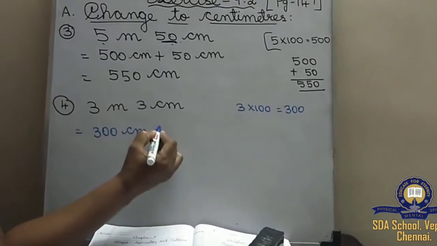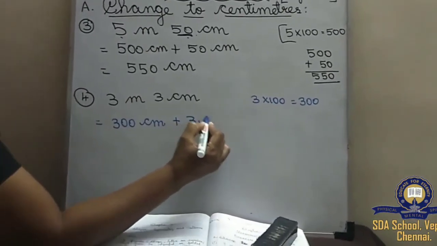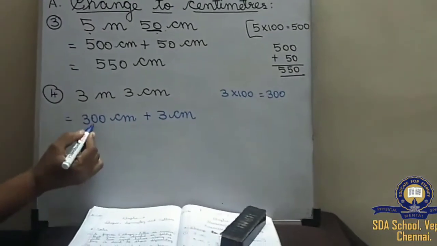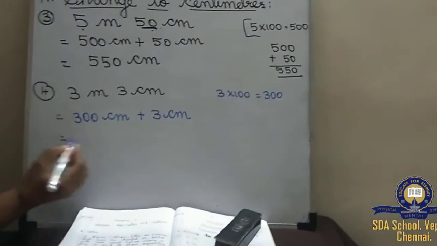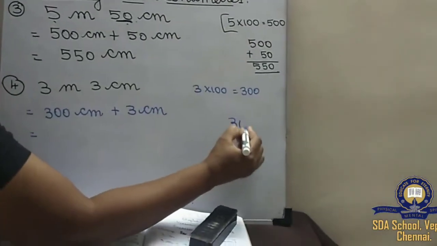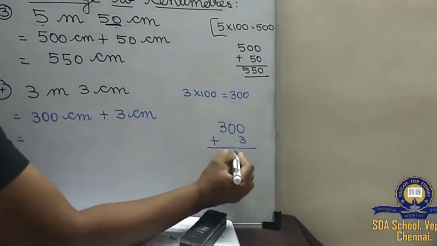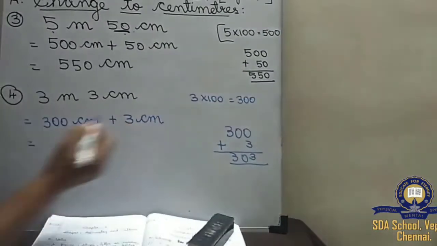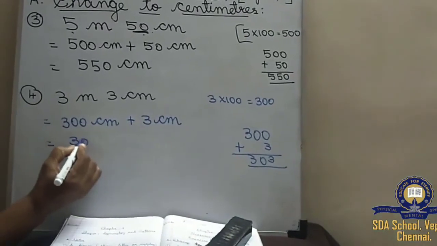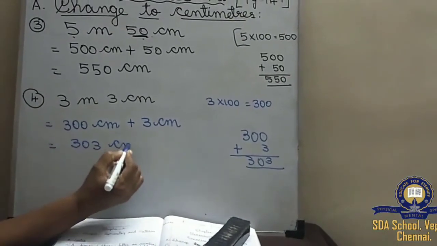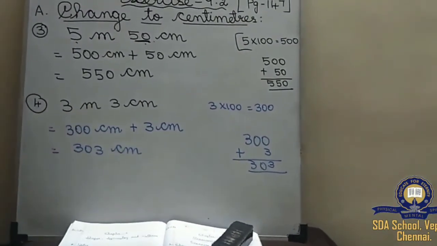So 300 centimeter plus 3 centimeter. When you add 300 plus 3, how much, children? 303. So what's the answer? 303 centimeter. Easy only, no, children?